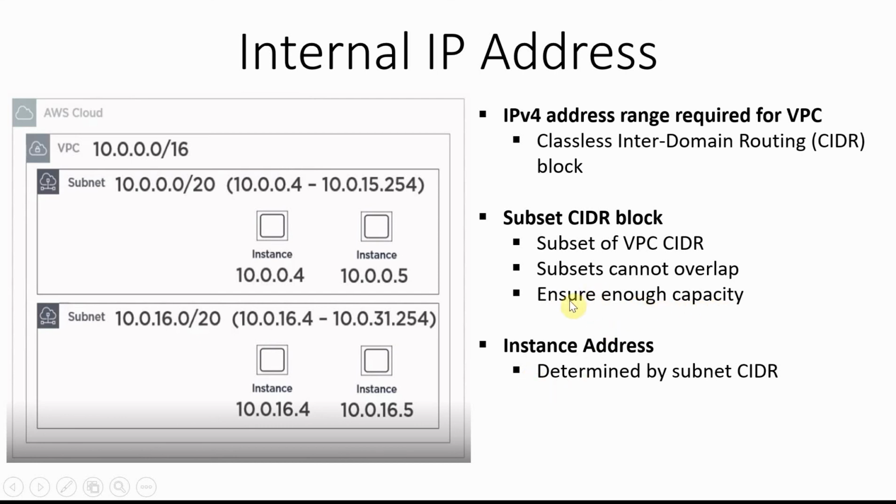Otherwise, if you give a smaller range and finally can't add one more machine, you're in a problem. So do capacity planning, and based on that decide the range for your VPC.